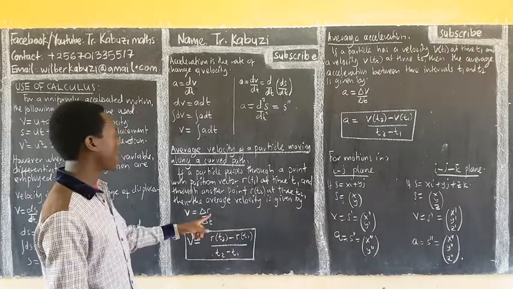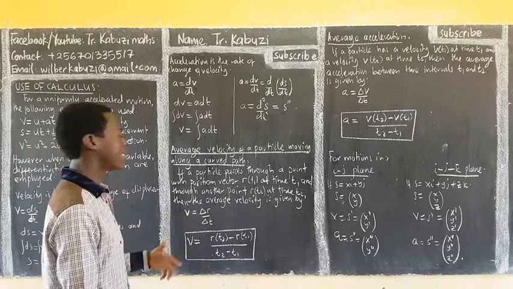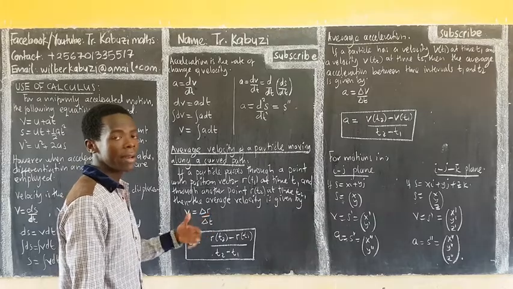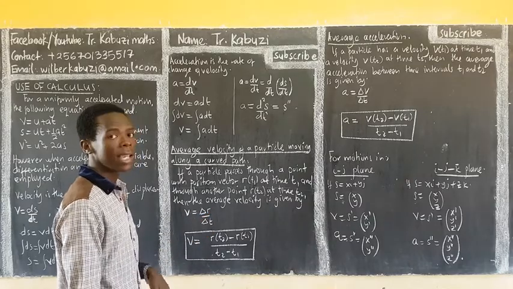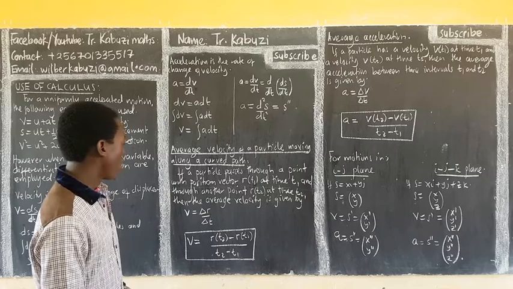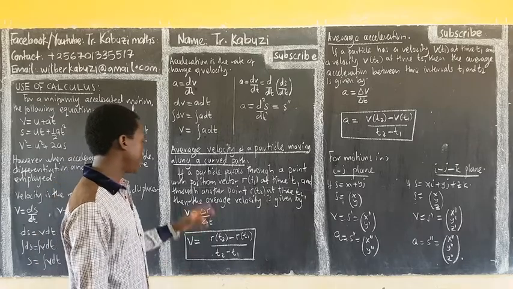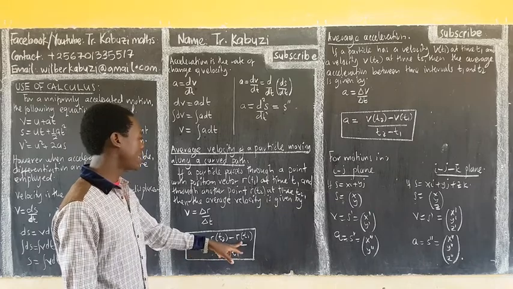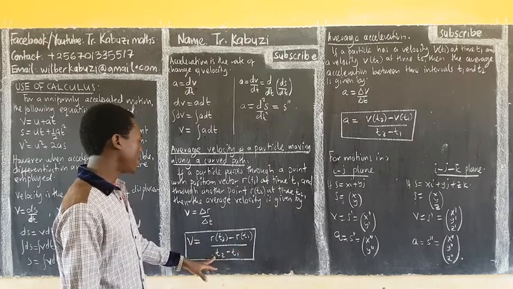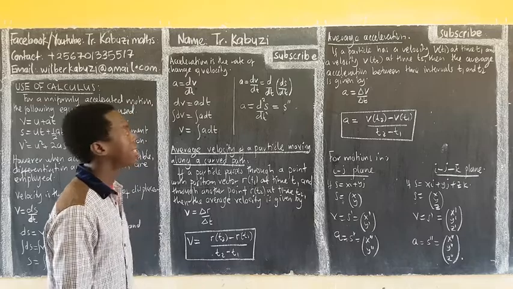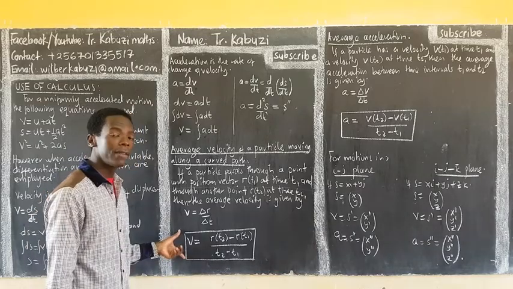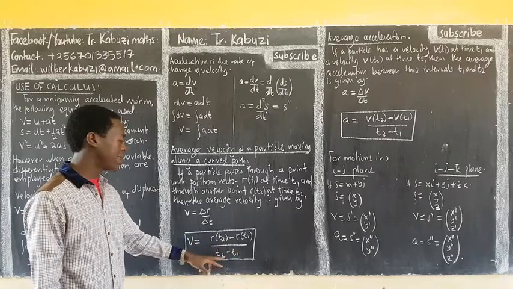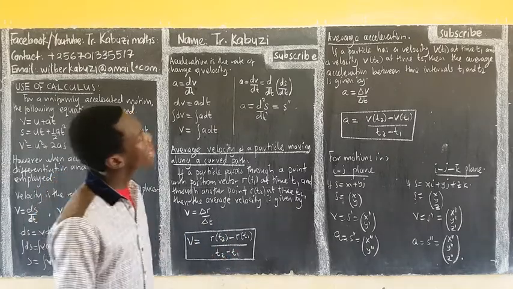Displacement can be given as r or as s. If you see r, it means displacement, and when you see s, it means the same. So we get the difference between the displacement at the given times over the difference in those times.